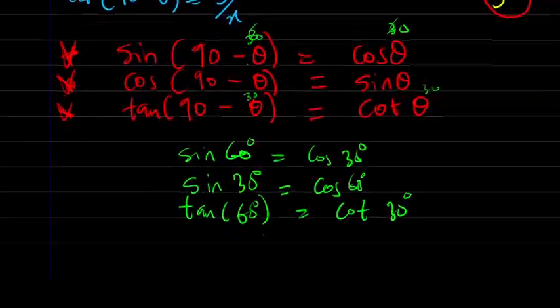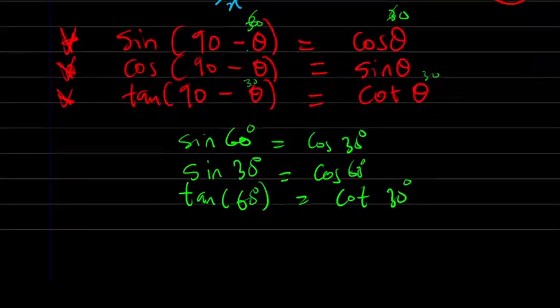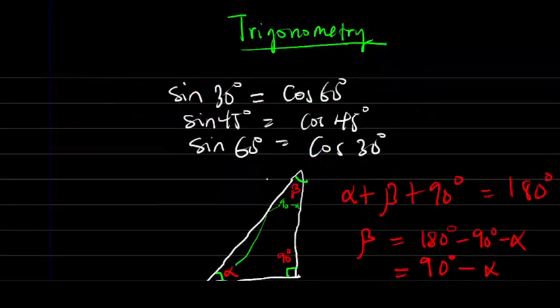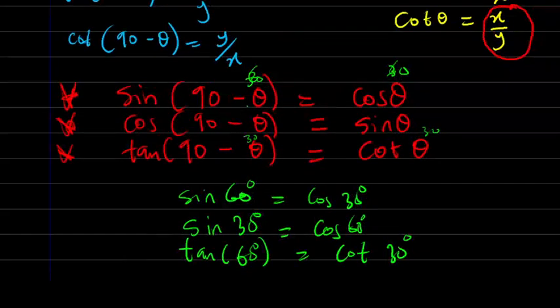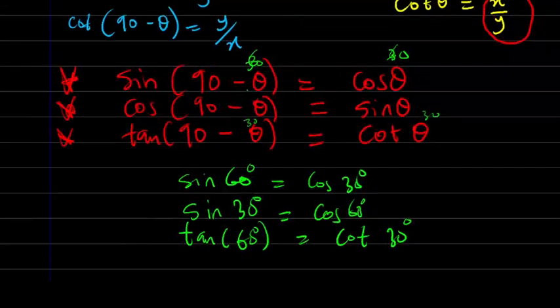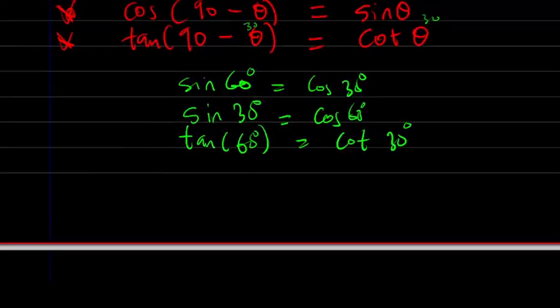Now, the next thing we are going to check is, what if we have 90 plus theta? Are we still going to have the same thing? What do I mean? This is what I mean.